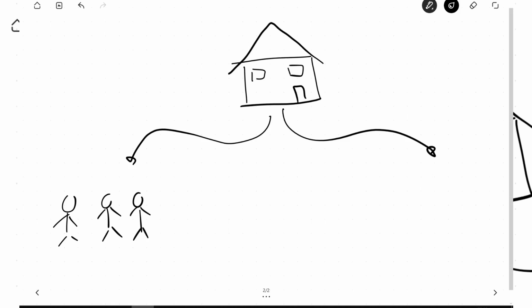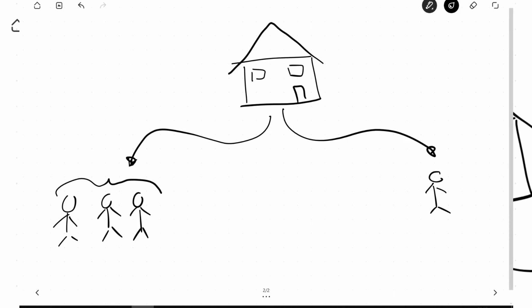The other company has just 1. So all things equal, which construction company would you go with? You would likely go with this one, because they have a higher capacity to create your house in a shorter amount of time.